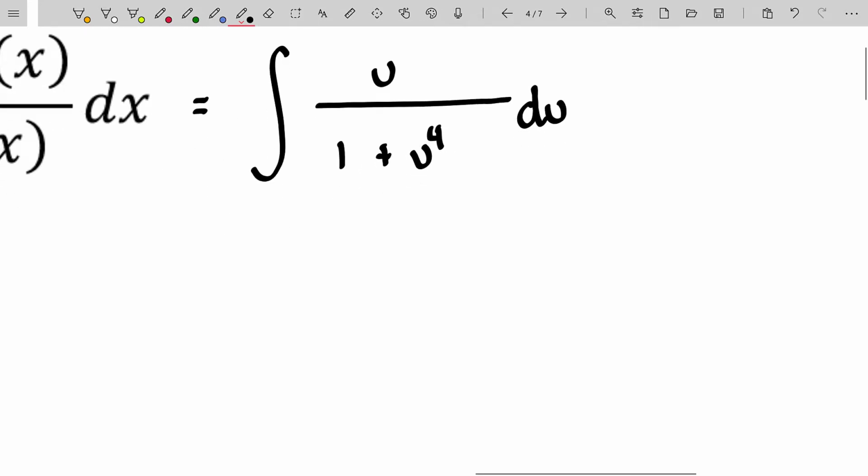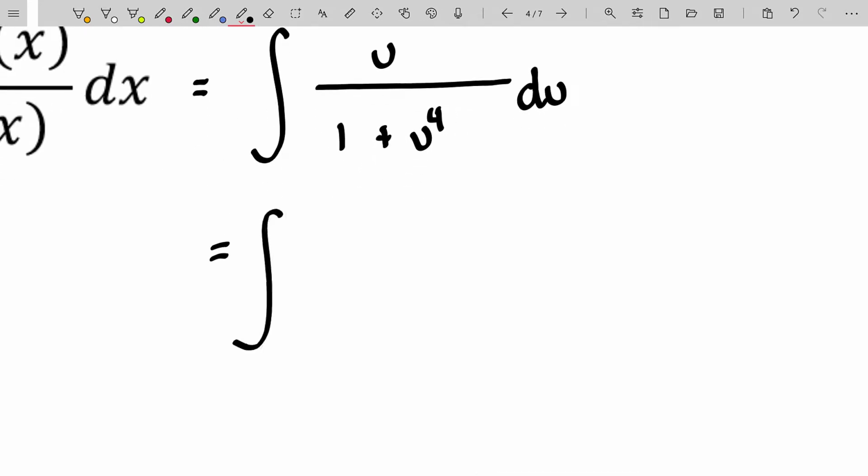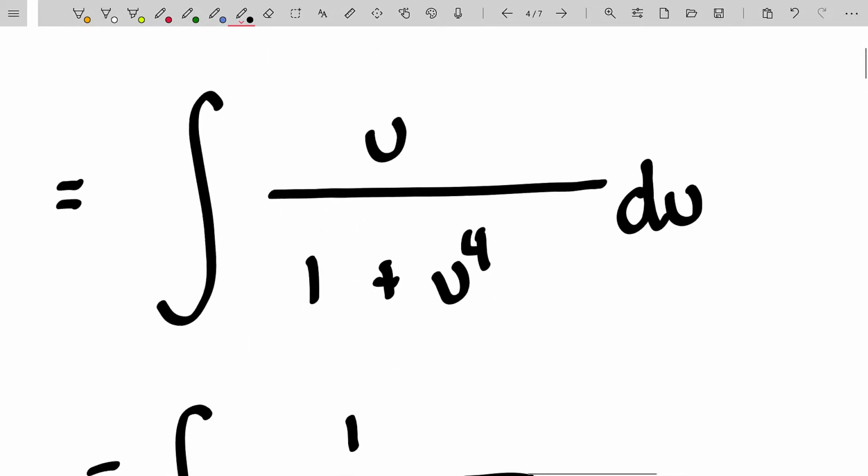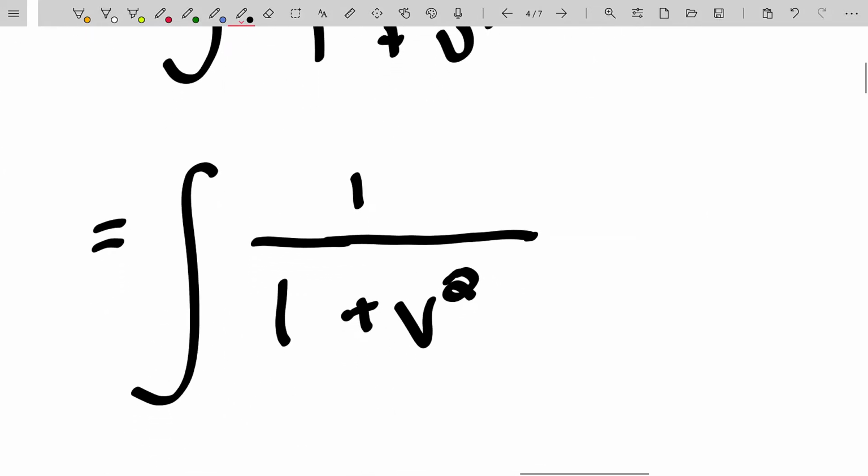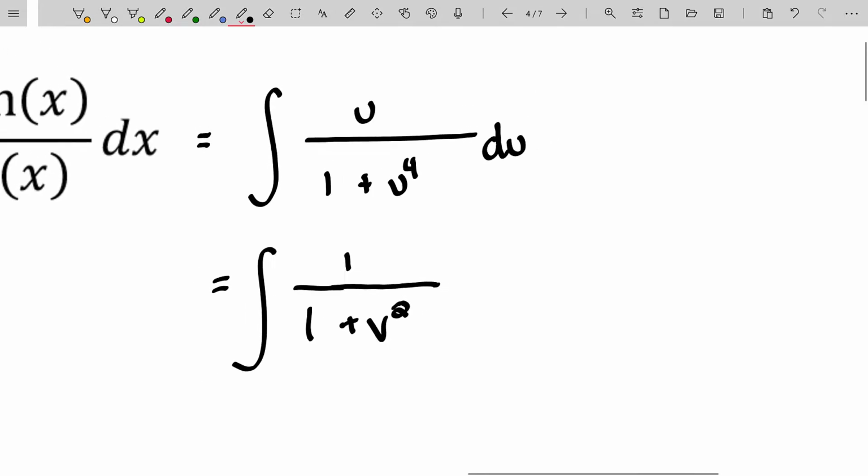This looks very, very close to something like 1 over 1 plus v squared. It looks really close to that. In fact, so close, I'm going to force it to be that. How do you force this integral to be this integral? Well, easily answered.